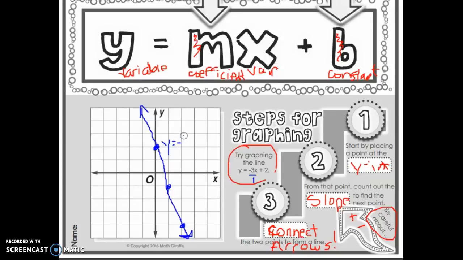In this case, we write y equals -3x plus 2. From this point, I could also move to the left 1 and up 3, and there's my point. It's still the same line.